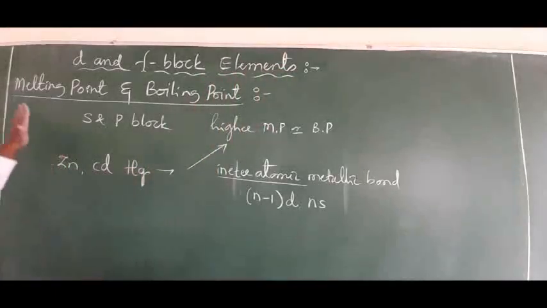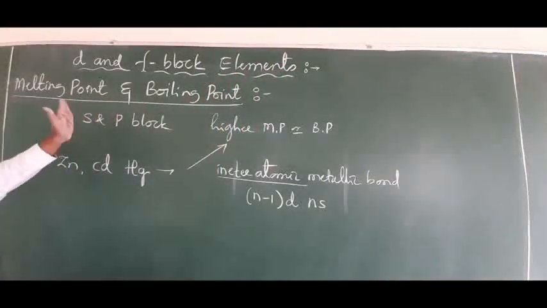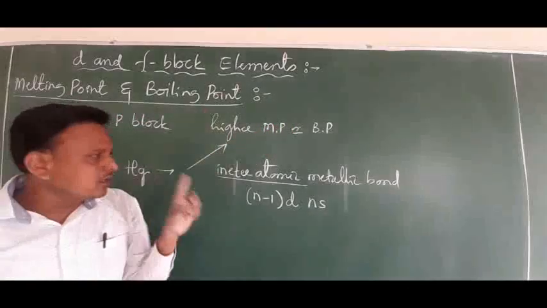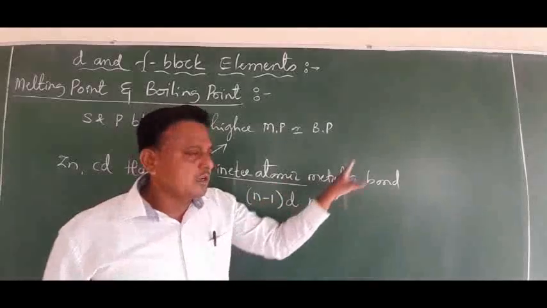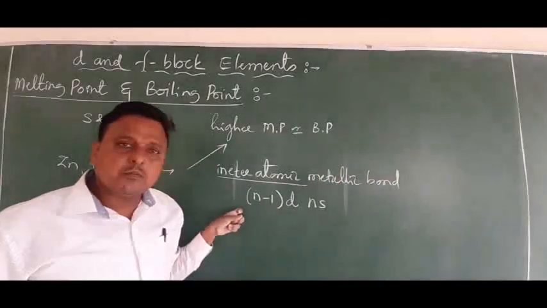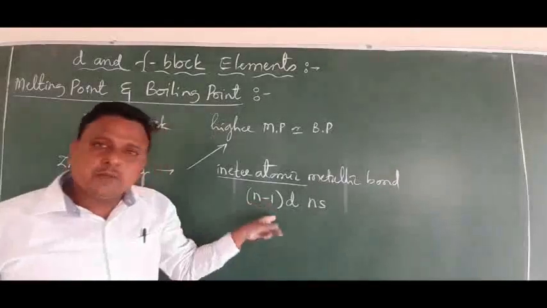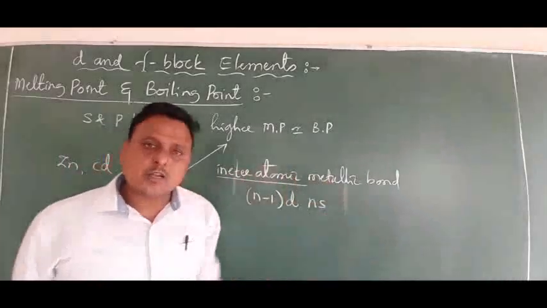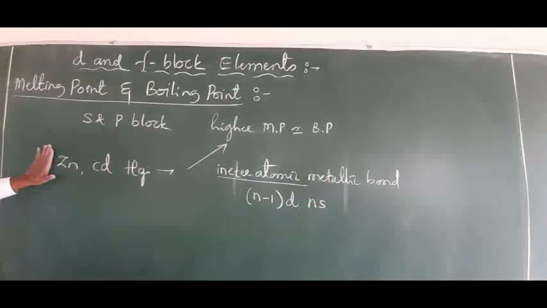I repeat once again, as compared with S and P, D blocks have higher melting and boiling point because of the interatomic metallic bond. Due to the n minus 1 d or penultimate shell having a maximum number of unpaired electrons, the interatomic metallic bond is created, except for metals like zinc, cadmium and mercury.